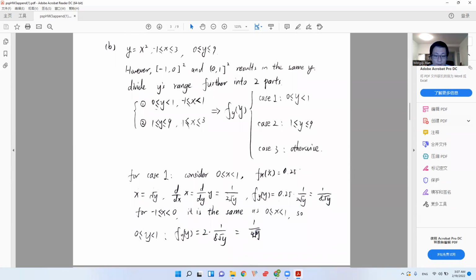So for case 1, the shape of this equation of this relationship is basically a concave curve. Let's say it's just a U curve, and it is symmetrical with the y-axis.